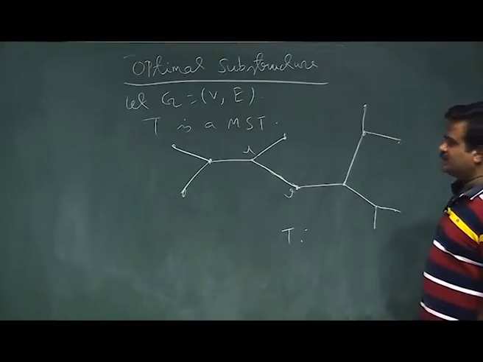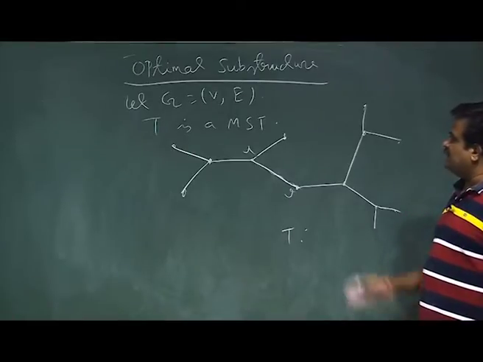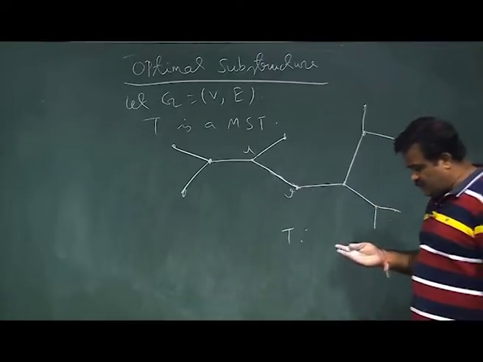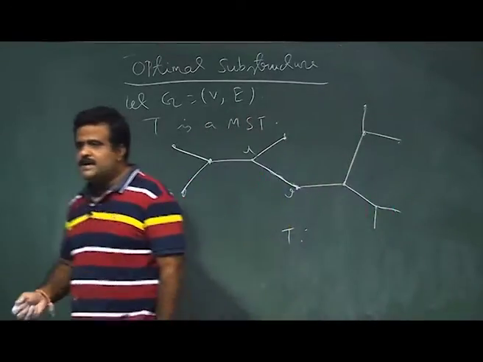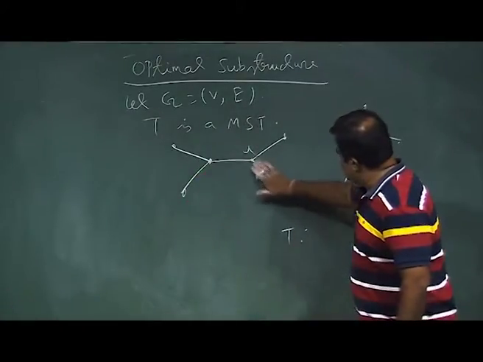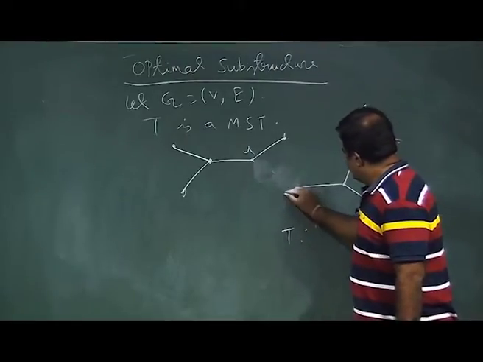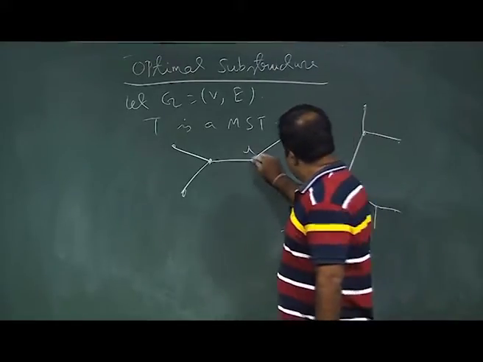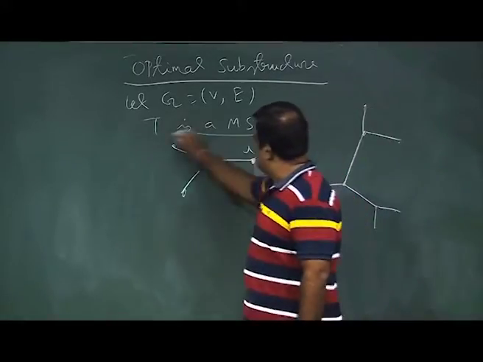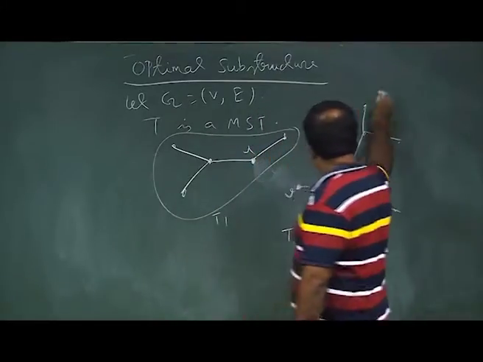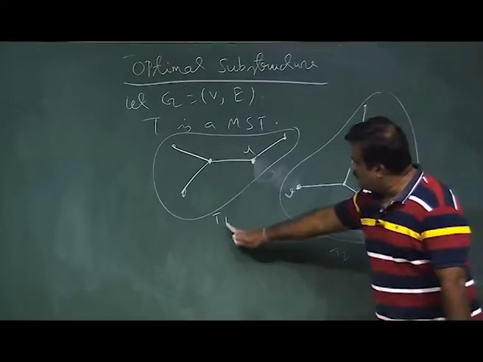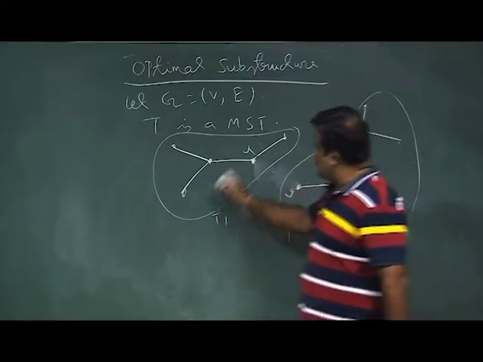Now for optimal substructure, what do we need to do? We need to say that if we have a solution of the whole problem, then it contains the solution of the subproblem. So we remove this edge, and then we consider this tree as T1 and this tree as T2. Now, we claim that T1 is the minimum spanning tree of G1.